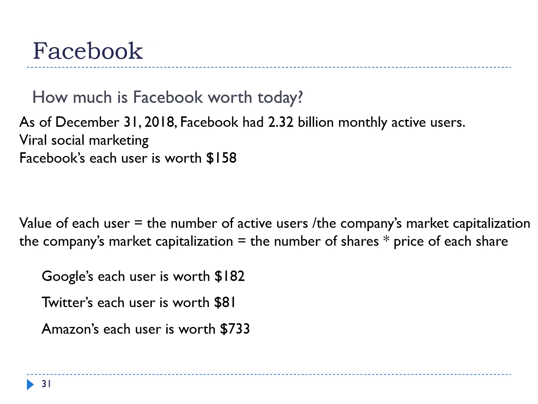One thing I want to mention is that all the values of each user for Google, Twitter, Amazon, and Facebook that we mentioned here are calculated using the numbers on December 31st, 2018. If you are interested, you can calculate how much each user is worth for Google, Twitter, Amazon, and Facebook by yourself using the formulas I provided in this slide. Okay, here is the source.